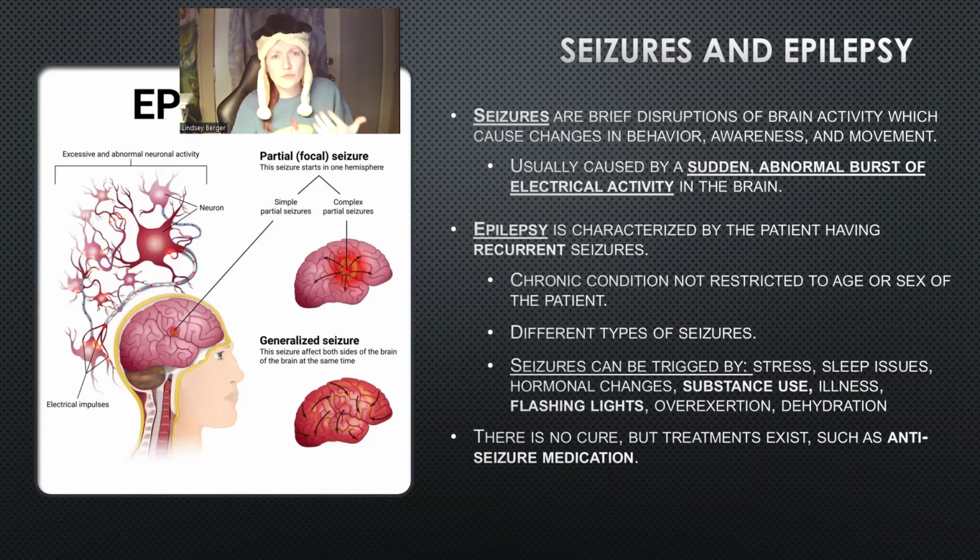There's a lot of different triggers for people who have this condition. And again, there is unfortunately no cure, but they do make anti-seizure medication. It helps put a stop to that sudden burst of electricity that can cause this. They usually work really effectively, but like most medications for chronic conditions, you have to be very consistent with them.